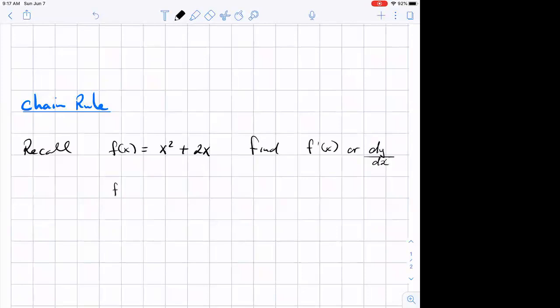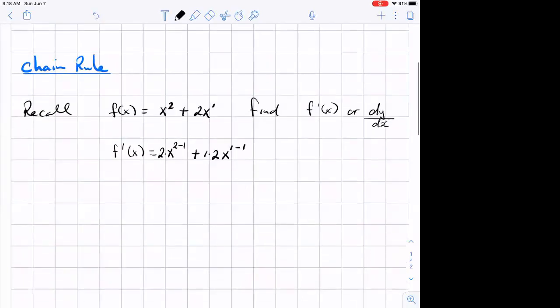So we can say f prime of x is equal to, take the power from the top, 2, times x, and always subtract 1, so that becomes a 1 power. Keep in mind there is a 1 here, so this becomes plus 1 times 2x to the 1 minus 1. Maybe I should write out all the steps for you: 2 times x to the 2 minus 1. When we're doing derivatives, we always subtract 1 from the power.